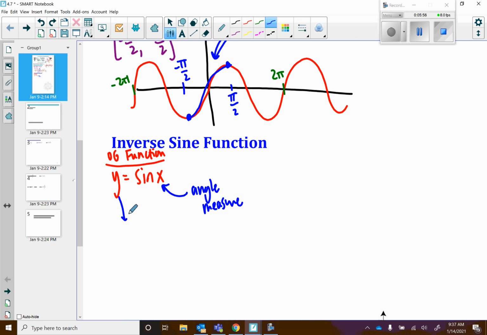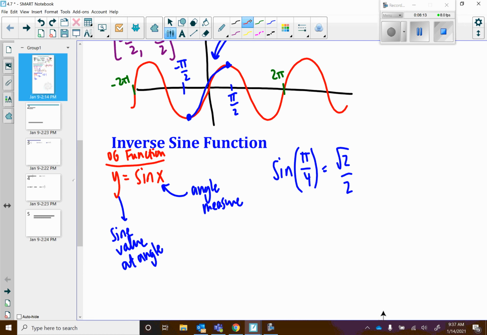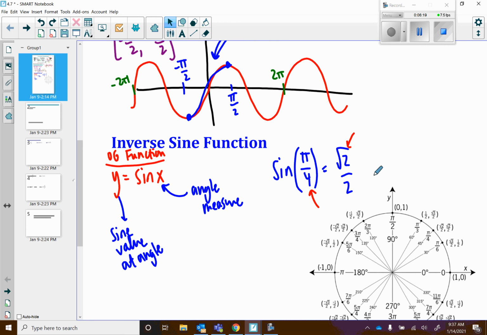And my output, what I get out, is the sine value at that angle. What do I mean by this? Well, sine of pi over 4 is equal to the square root of 2 over 2. This is an angle measure. This is a sine value, right? That's what we have been working with on our unit circle. Sine of pi over 4, sine is y, is square root of 2 over 2.